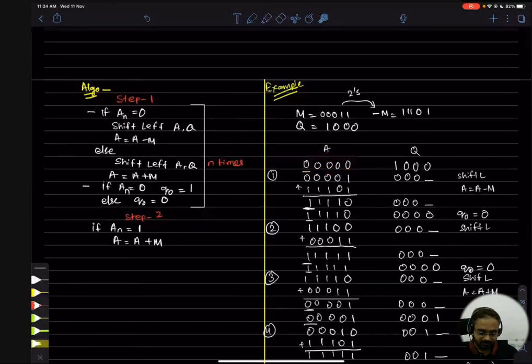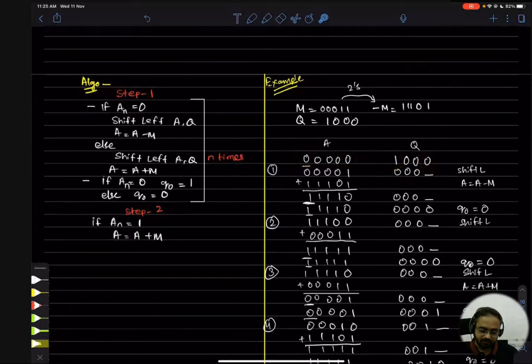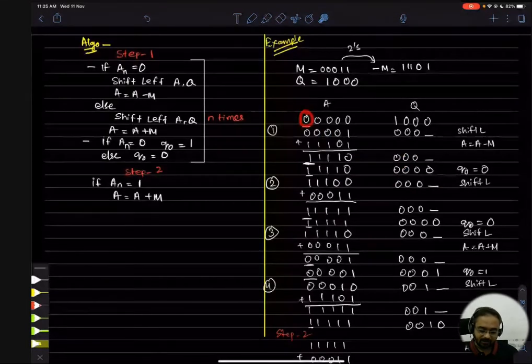Then the first step says to check the A n bit, either it is 0 or 1. This is the A register, this is the A n bit, this is the A0 bit, this is the q0 bit, this is the q n minus 1 bit. Check the A n bit: it is 0, which means the if condition is satisfied.